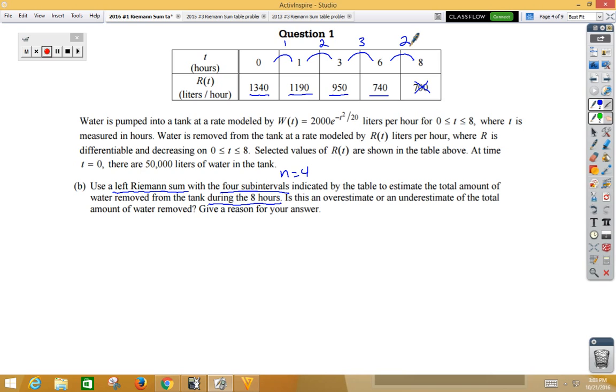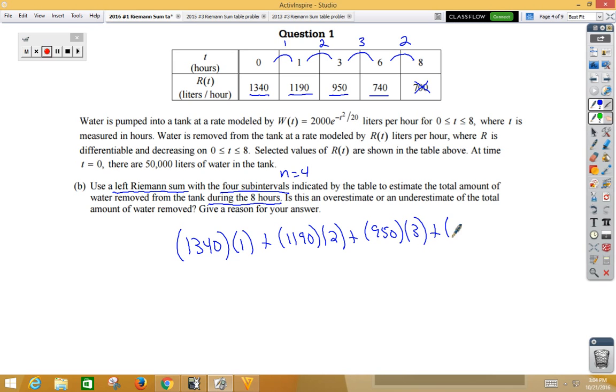So let's keep in mind our first rectangle is 1340 times 1 plus 1190 times 2 plus 950 times 3 plus 740 times 2. Notice those two, those two, those two, and those two. Calculate this up and we'll get an answer.